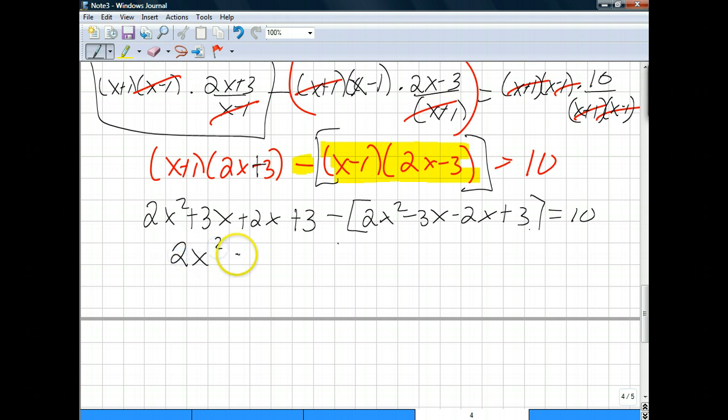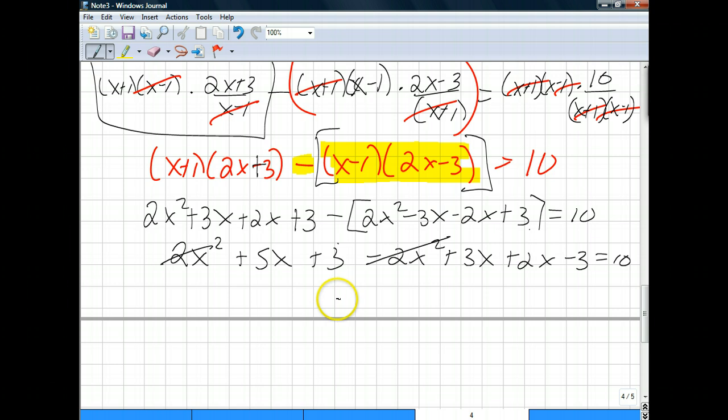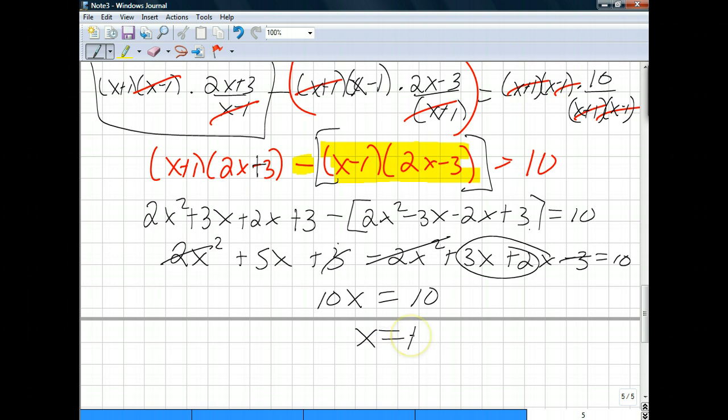So it's 2x squared plus 5x plus 3 minus 2x squared plus 3x plus 2x minus 3 equals 10. Alright, so this adds up to 0. I have a 5x and this is 5x, so that's a 10x, and this cancels this, so I have 10x equals 10, so x equals 1.